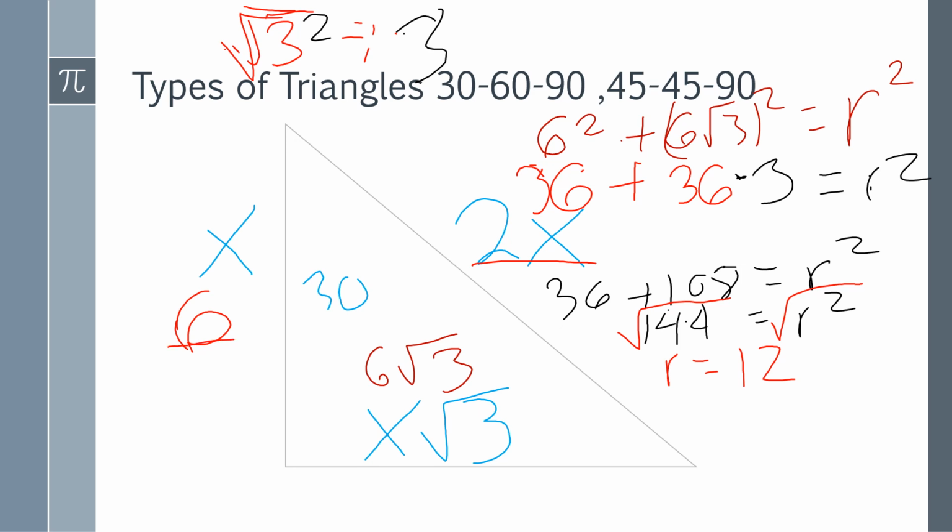And the adjacent leg is the square root of 3 times the opposite leg. All right. So that's for the 30, 60, 90.